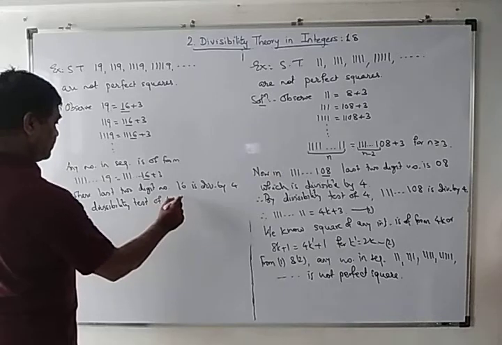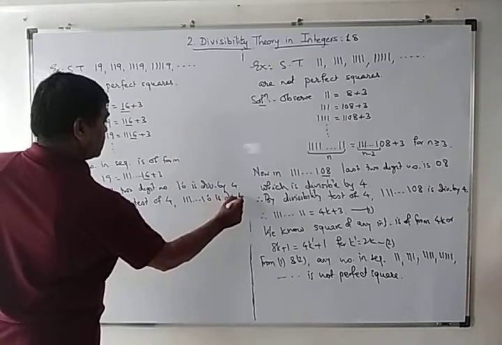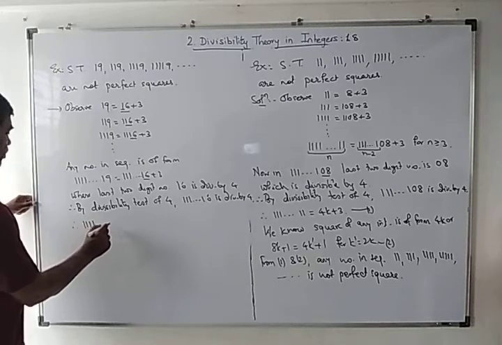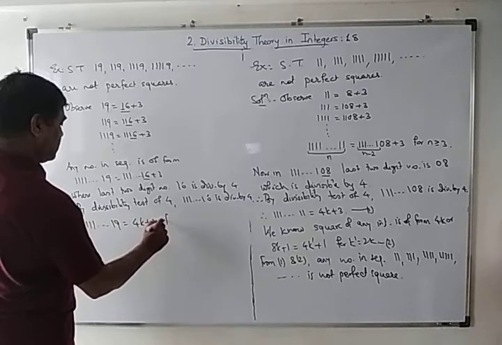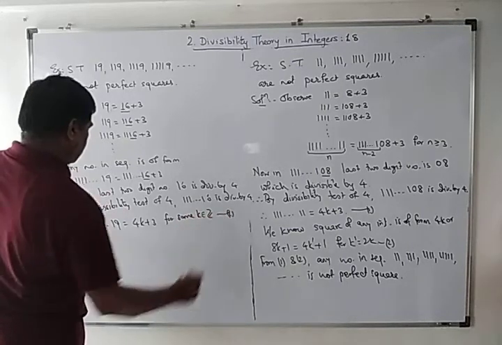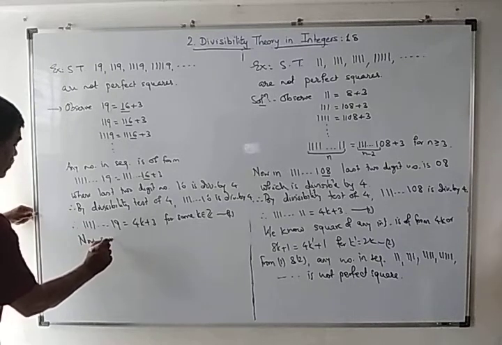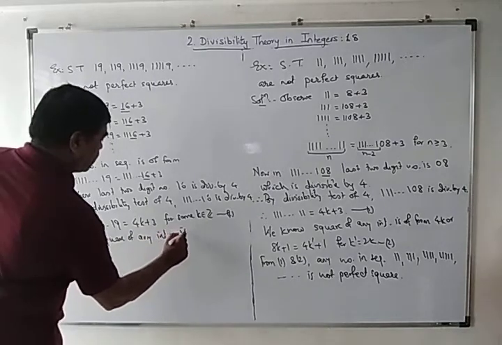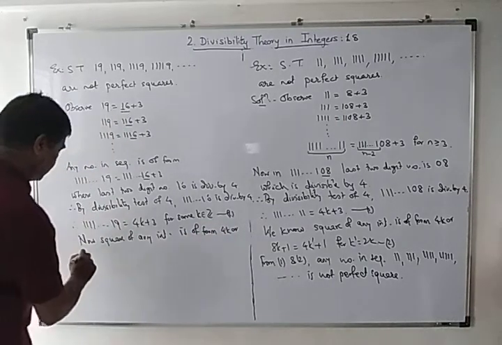So 111...16 is divisible by 4, and therefore 111...19 is again of the form 4k plus 3 for some k belonging to Z. Now the square of any integer is of the form 4k or 4k plus 1.